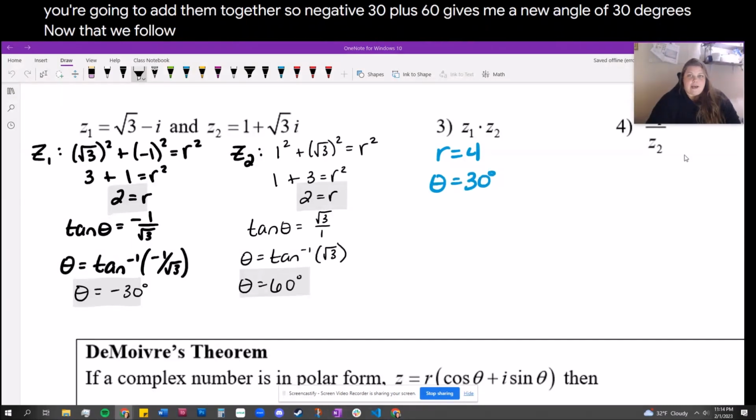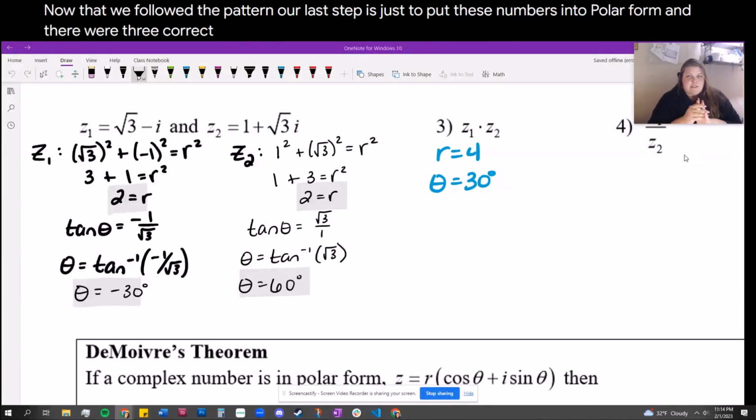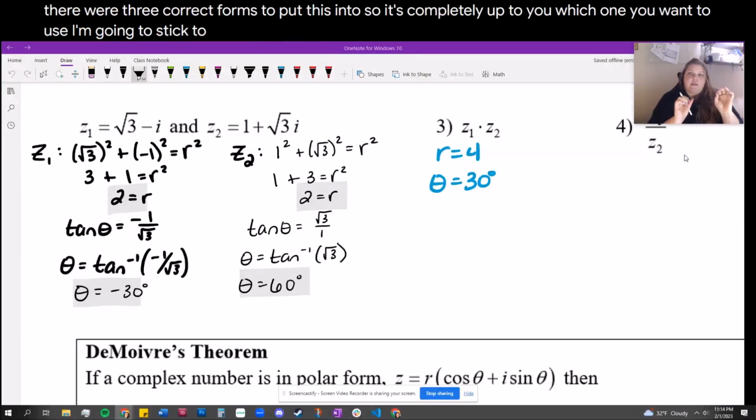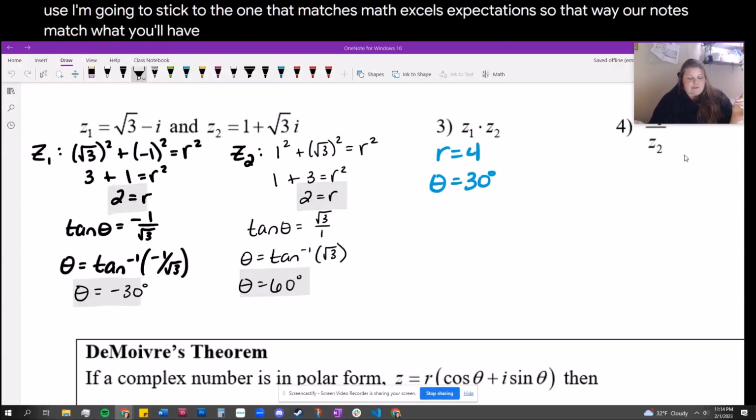Now that we've followed the pattern, our last step is just to put these numbers into polar form. And there were 3 correct forms to put this into, so it's completely up to you which one you want to use. I'm going to stick to the one that matches MathXL's expectations, so that way our notes match what you'll have to do for your homework.